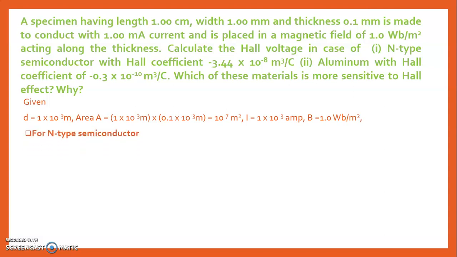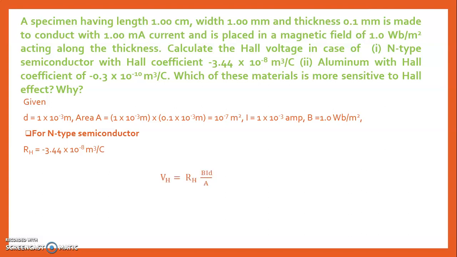We'll start directly with the N-type semiconductor, in which case the Hall coefficient is given, which is minus 3.44 into 10 raised to minus 8 meter cube per coulomb.